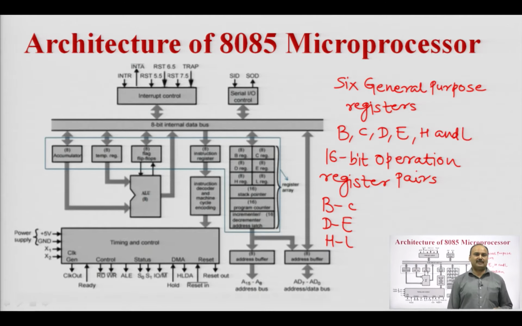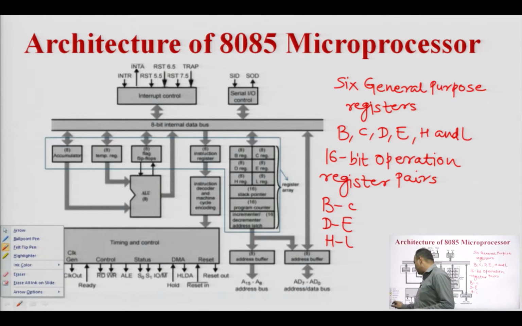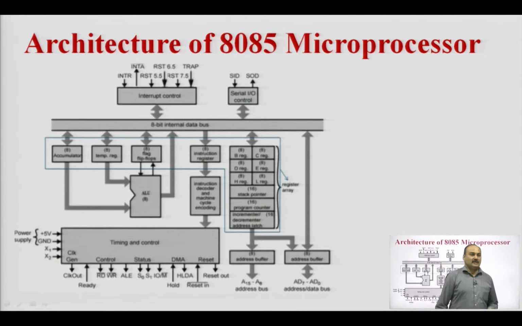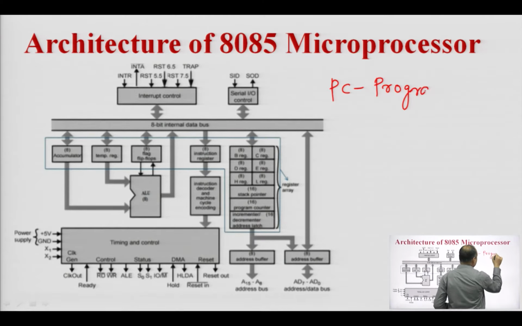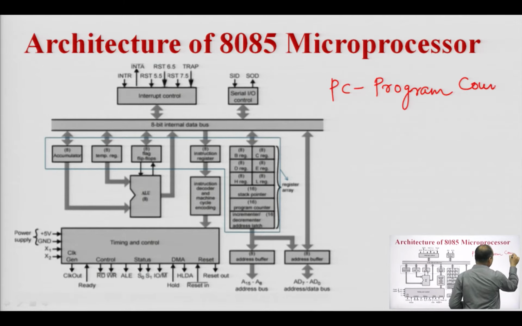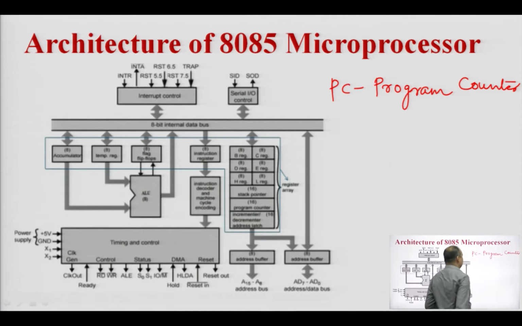In addition to general purpose register, the microprocessor uses special purpose registers. These special purpose registers are the program counter register. It is also called register PC. The PC stands for the program counter.